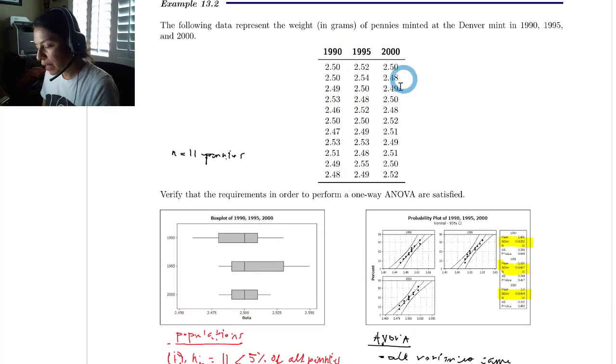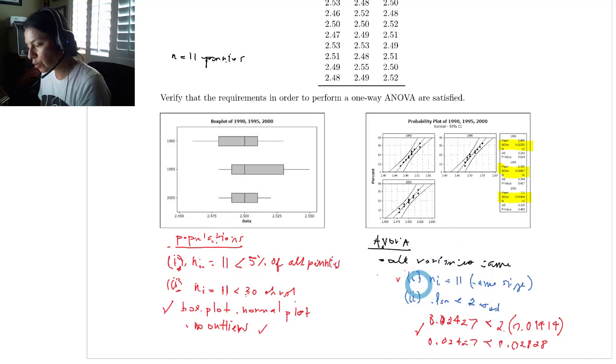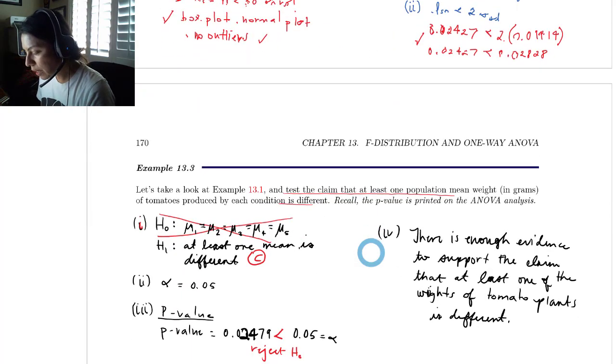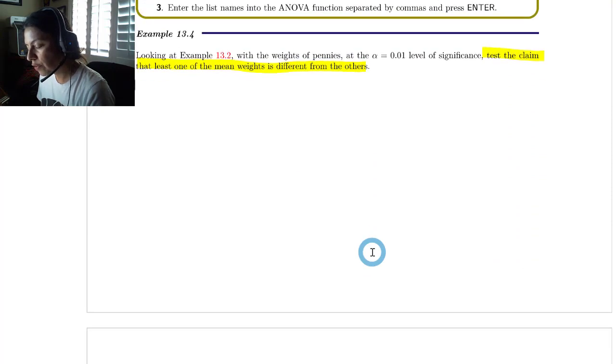And we had 3 years of pennies, and then we went ahead and just saw, like, to verify the requirements for any hypothesis testing with means. And so that was verifying population parameters, and then we have the ANOVA parameters. So we already know that this sample satisfies all ANOVA requirements. So let's just go ahead and enter those lists into the calculator and run an ANOVA test.